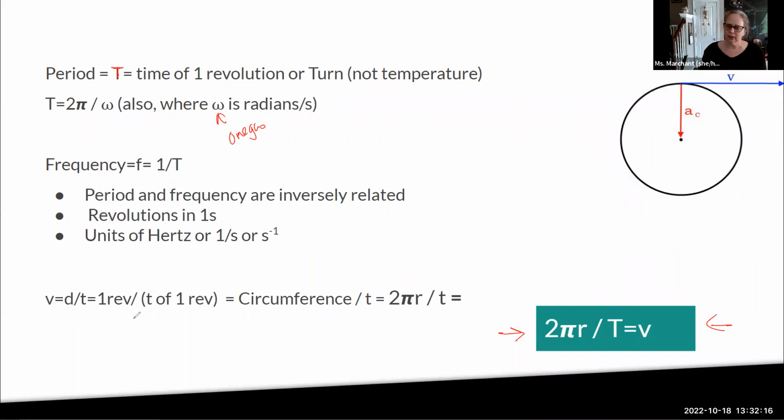Okay. What other things could they give you? They could also give you the frequency, which is the inverse of the period. So frequency is equal to 1 over big T, just like big T is going to equal 1 over frequency.